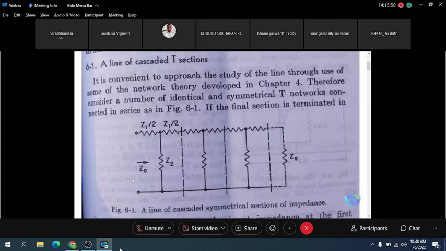Yes, what will be that? If n tends to infinity, that will be again Z naught only. Yes, sir, that will be Z naught. So now how to remove this?